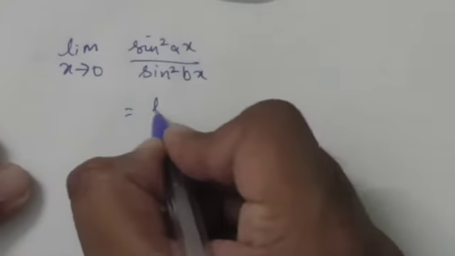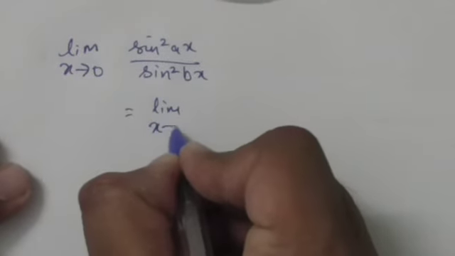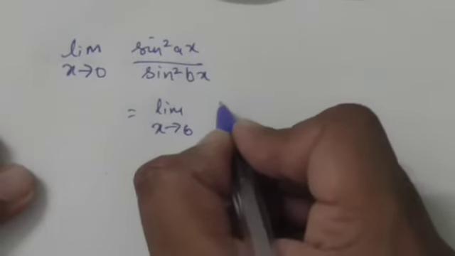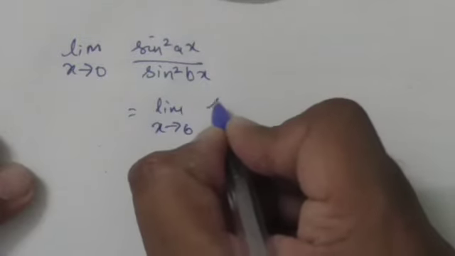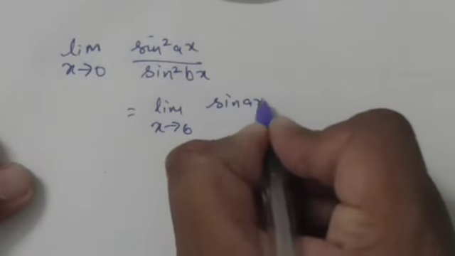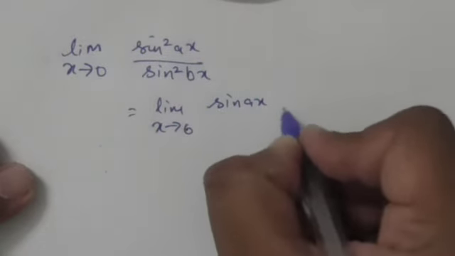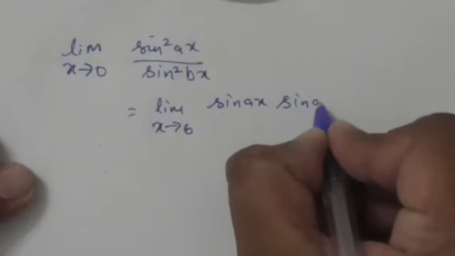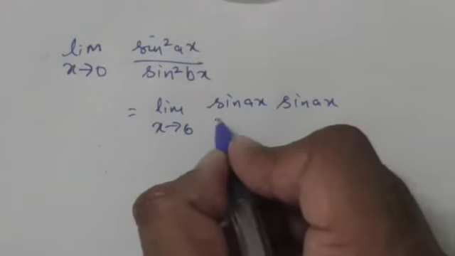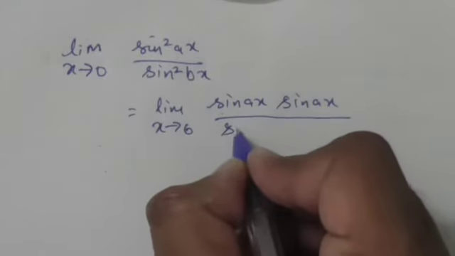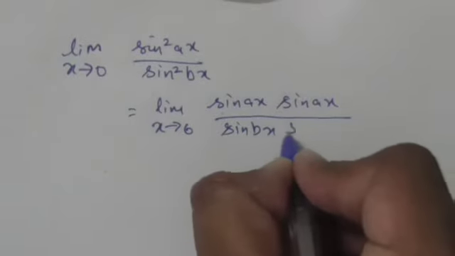So it will be equal to limit x tends to 0 sin ax into sin ax upon sin bx into sin bx.